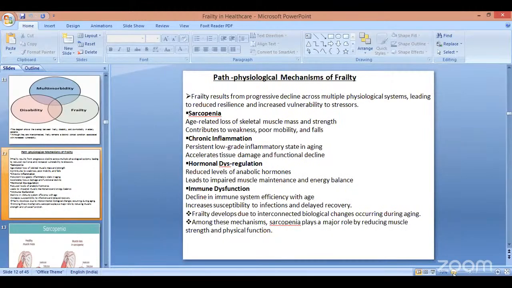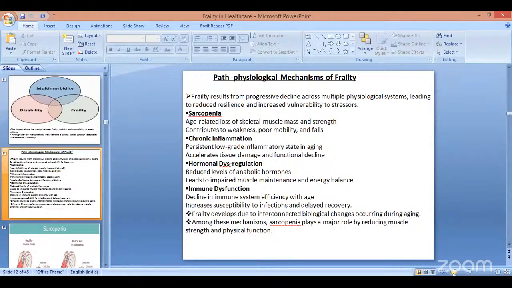So, the pathophysiology mechanism of frailty. Frailty results from progressive decline across multiple physiological systems that leads to reduced resilience and increased vulnerability to stressors. As we discussed in the picture, sarcopenia is the age-related loss of skeletal muscle mass and strength that elderly patients have, but here it is reduced too much, contributing to weakness, poor mobility, and falls.